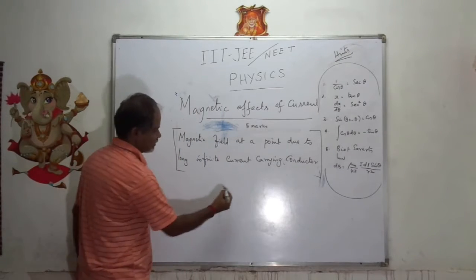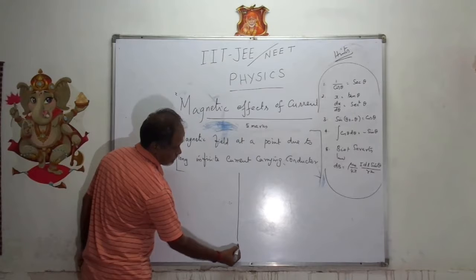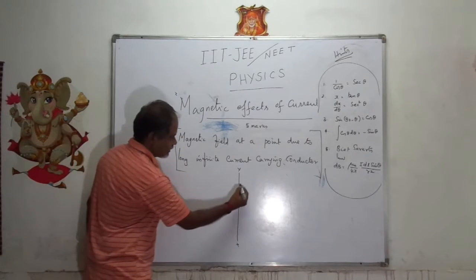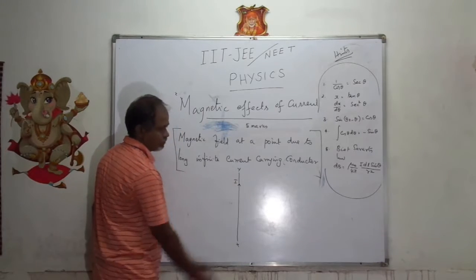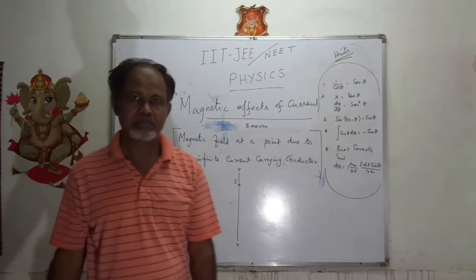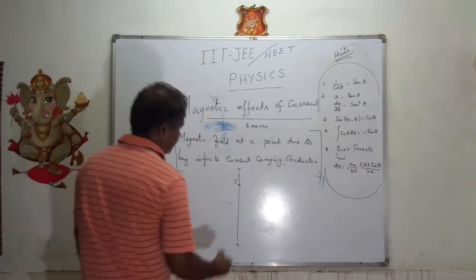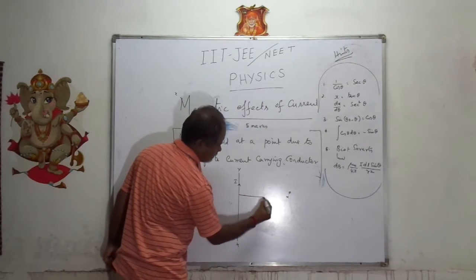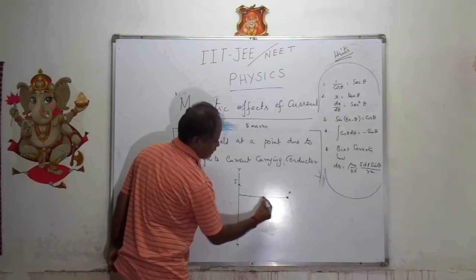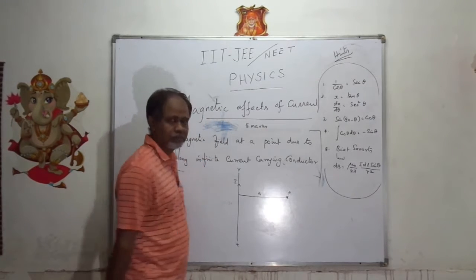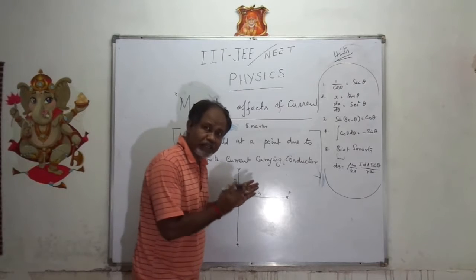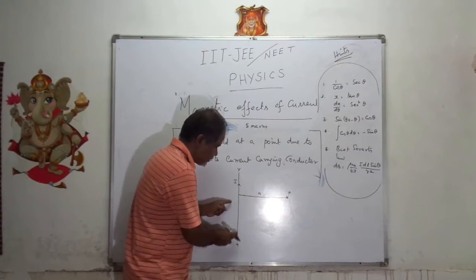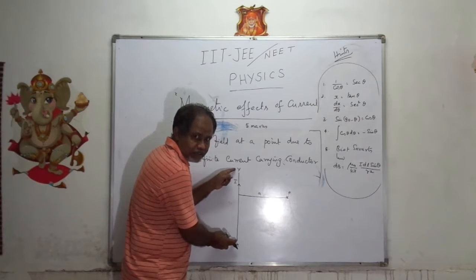For example, let us consider there is a wire XY which carries a current I. There is a point P at a distance A. Now we are going to find the magnetic field at P due to this current carrying conductor.